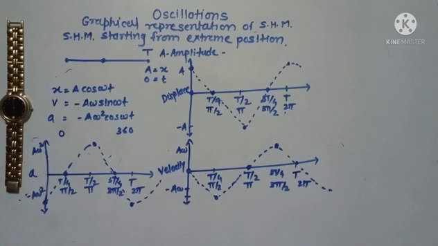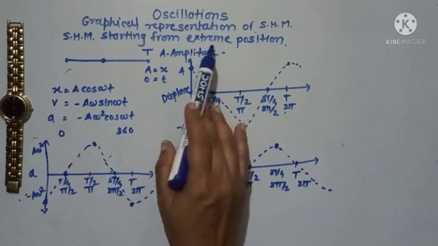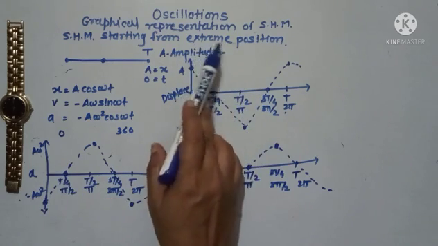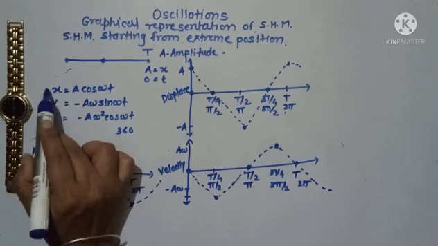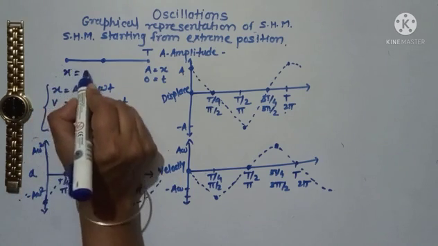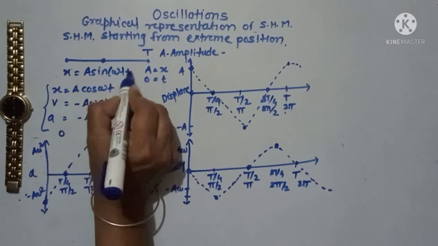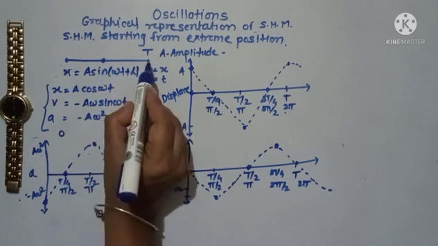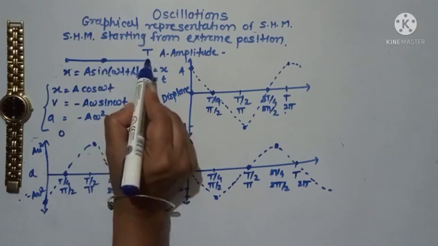Okay, so this is how we can represent the displacement, velocity and acceleration of the S.H.M starting from the extreme position. Even if you know this x is equal to a sine of omega t plus alpha, and if you know the conditions for the particle starting from the mean position and the extreme position.